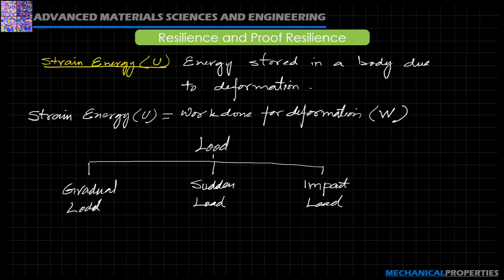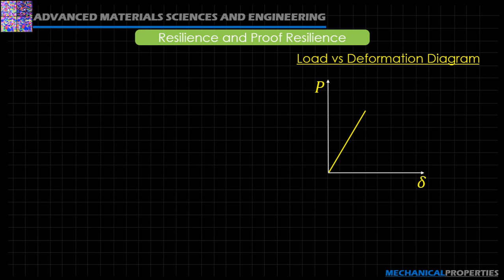Let's draw the load versus deformation diagram. In this case, if the material under consideration follows Hooke's law, then the load deformation behavior will be linear, as we are seeing in this diagram. This is a linear portion, and when we increase the load gradually, the deformation also increases, and a point will come where the linear behavior will stop.